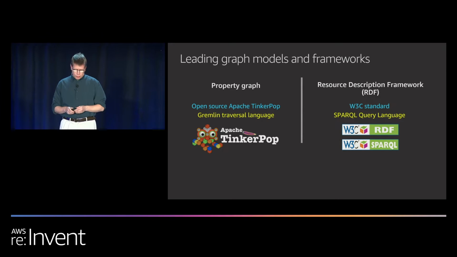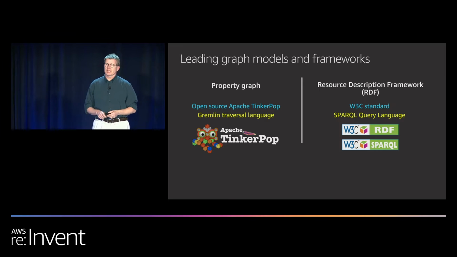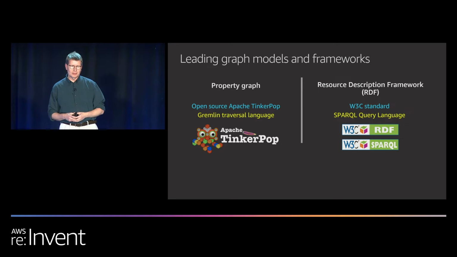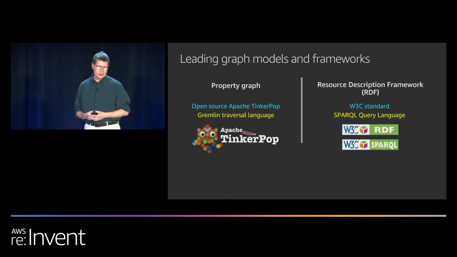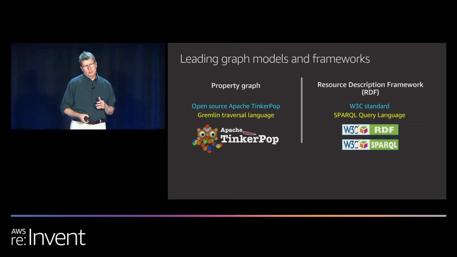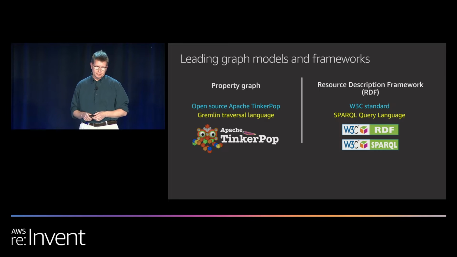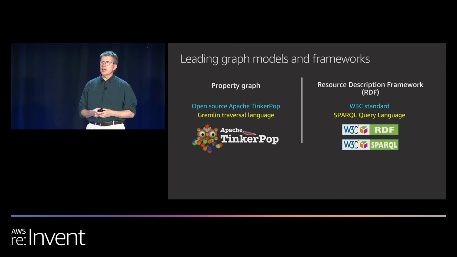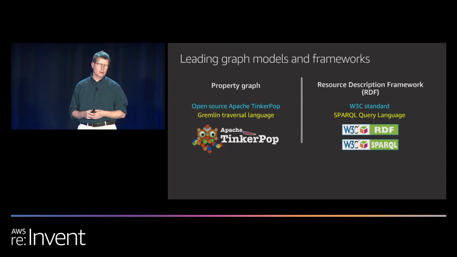So we basically support two different kinds of graphs. And this is kind of where it gets a little tricky, or at least people think it gets tricky. So first of all, we support property graphs. It's a common name for types of graph that many graph databases support.